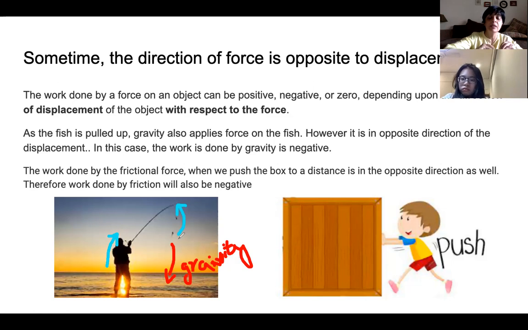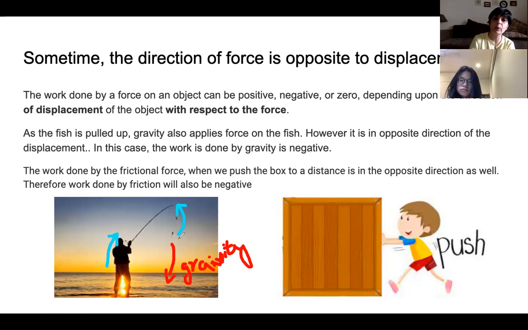So in any situation, look at who is doing the work. Then decide whether the work being done is in the opposite direction or the same direction. You have to be able to clearly distinguish who is doing the work and on what the work is being done.